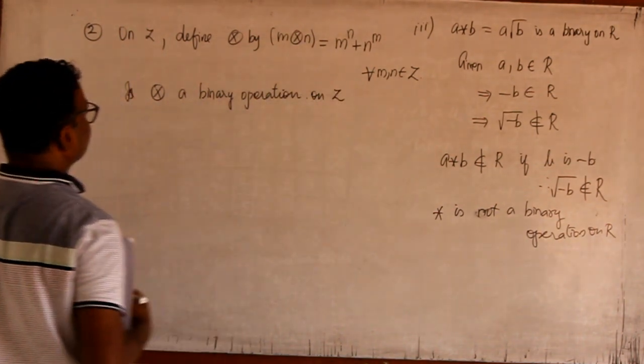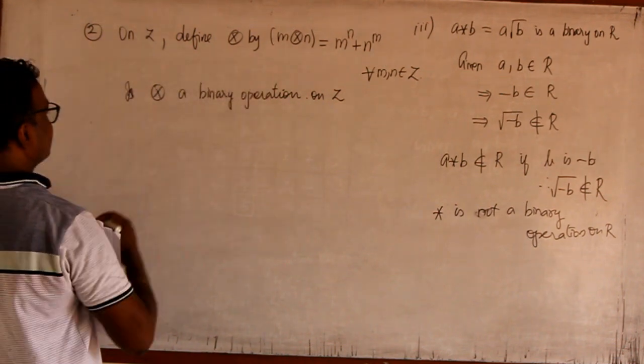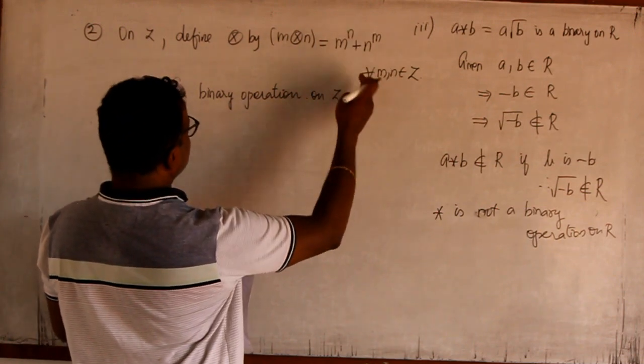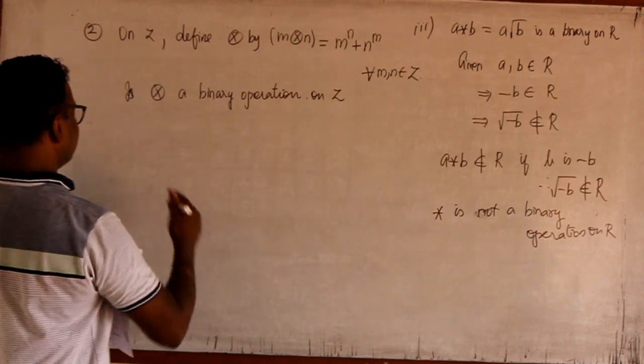That's what we have to check. Same thing: let me take negative numbers and we shall see what happens, because it will exist for positive numbers. M power n will always be an integer, n power m will also be an integer, so it's not necessary to check positive integers. We shall check for negative integers.